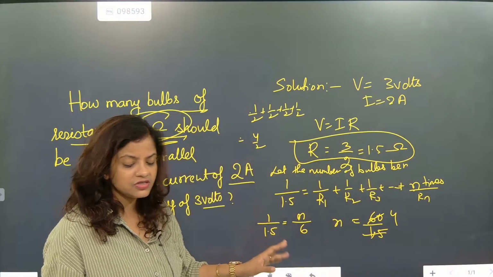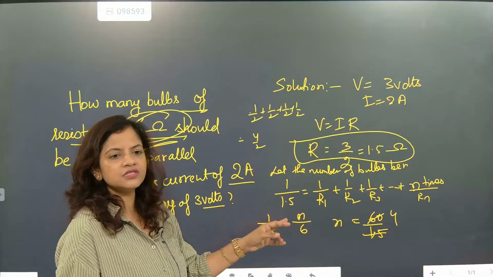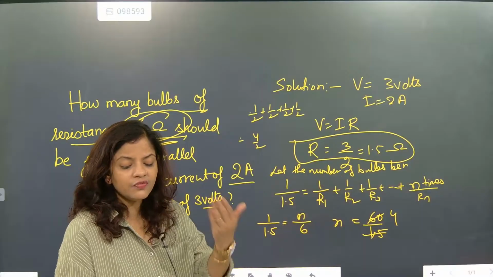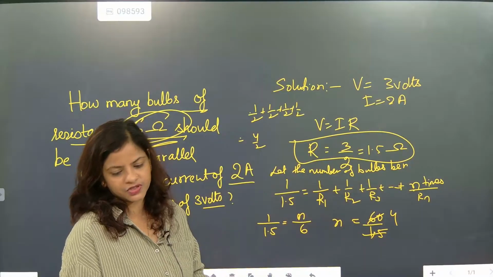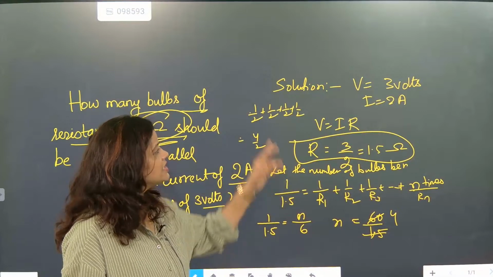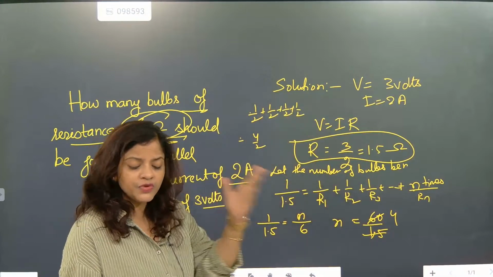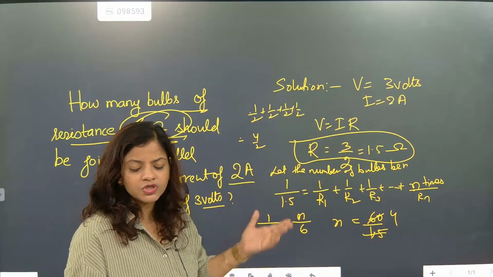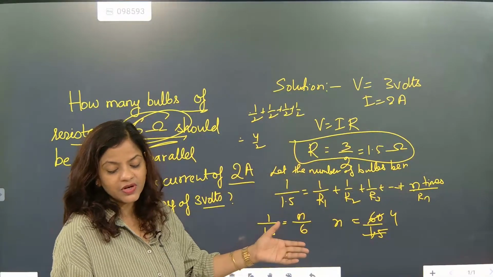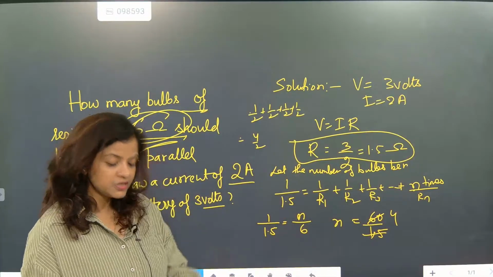Then arrange it in a very systematic way: 1 by equivalent resistance is equal to 1 by R1 plus 1 by R2 plus 1 by R3 plus 1 by R4. These are different bulbs, but every bulb has 6 ohm resistance. So 1 by 6, n times, because we don't know the number of bulbs. Let the number of bulbs be n. So n by 6 will come. After solving, 4 bulbs are coming. That's the most important part.